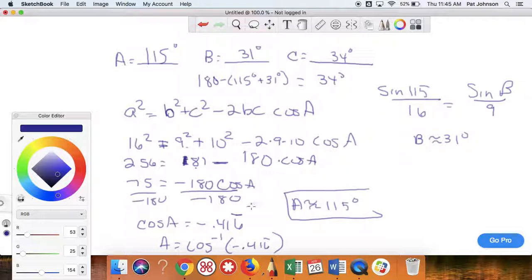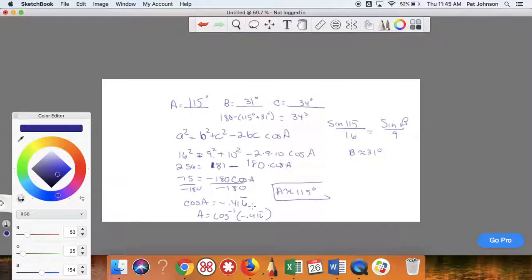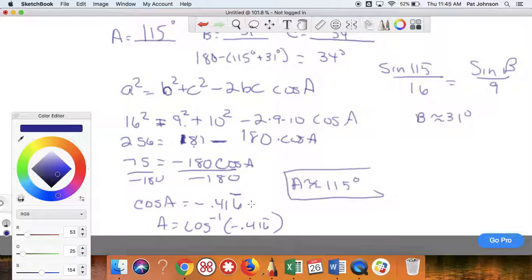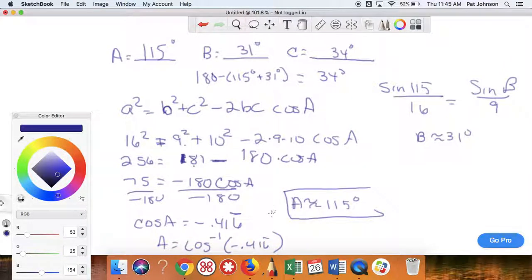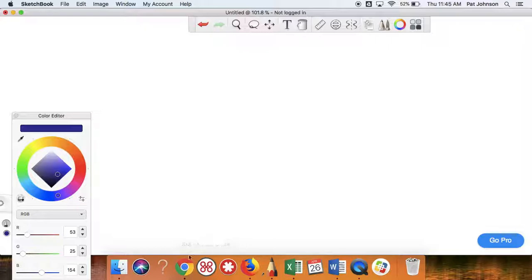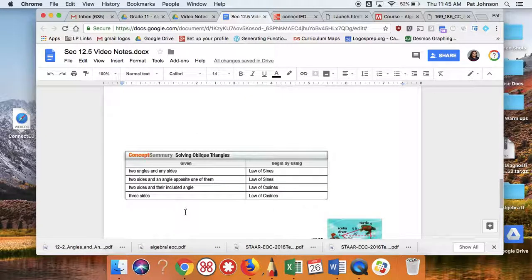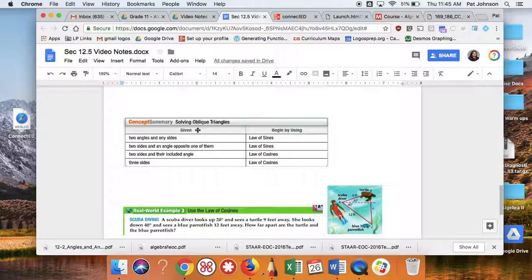So you're always going to start off with whatever method you can use, right? What information is given will depend on which law you use. Do you start off with sine or cosine? We have to choose when we're solving an oblique triangle, so we need to decide where to start.